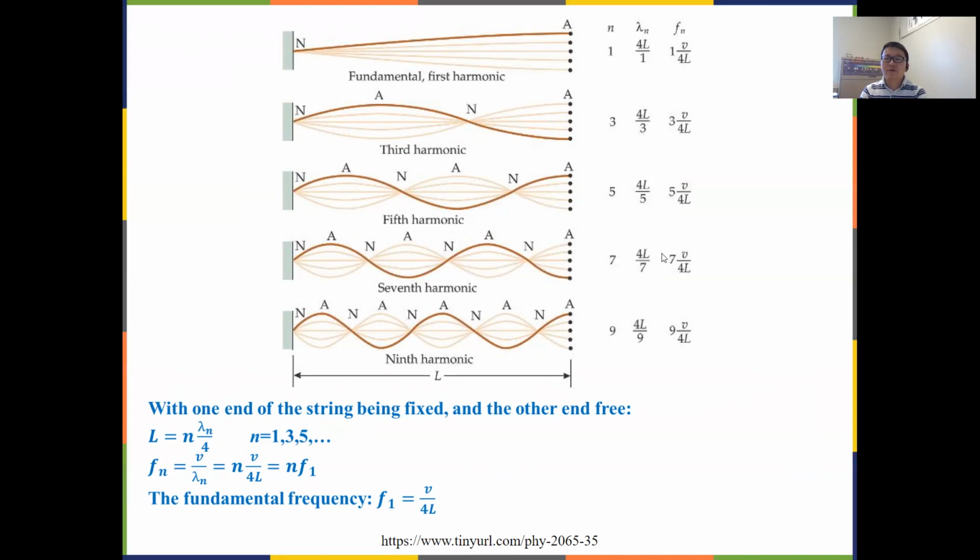So with one end fixed and the other end open, the wavelength is 4L divided by n, n being the odd numbers 1, 3, 5, 7. The nth harmonic frequency is n times the fundamental F1, with F1 being V divided by 4L instead of V divided by 2L in the case where both ends are fixed.